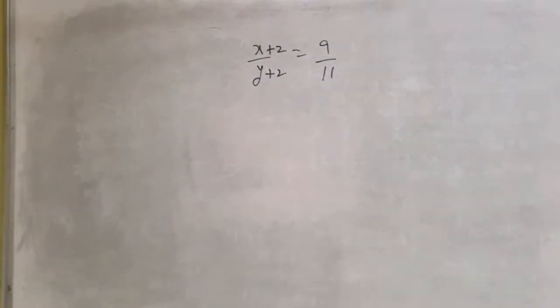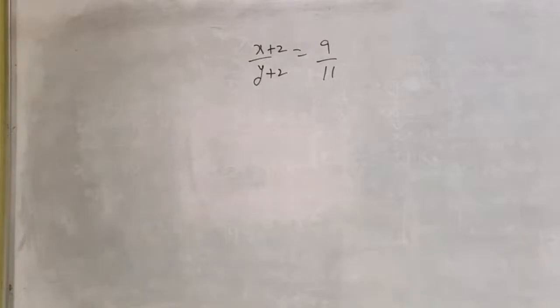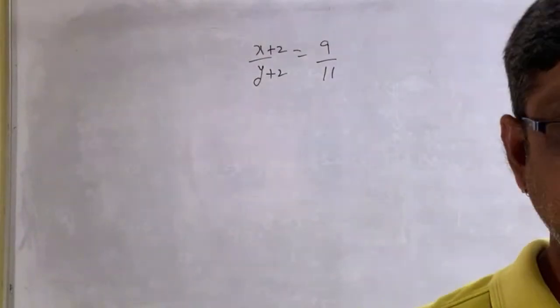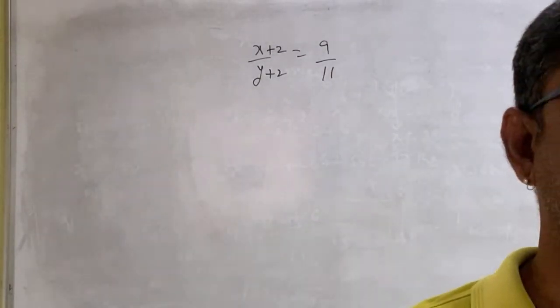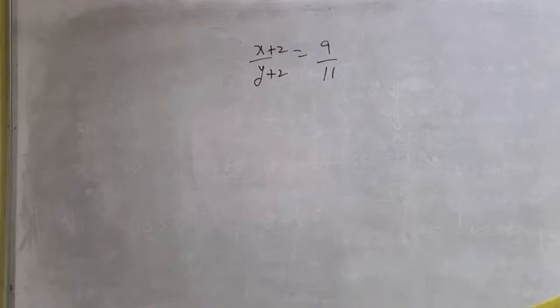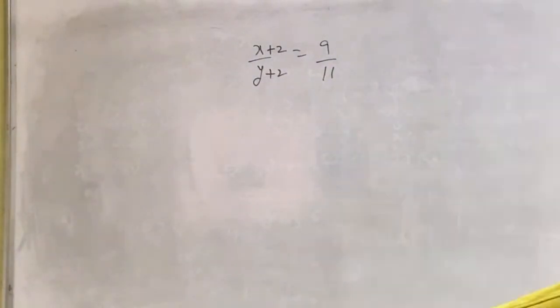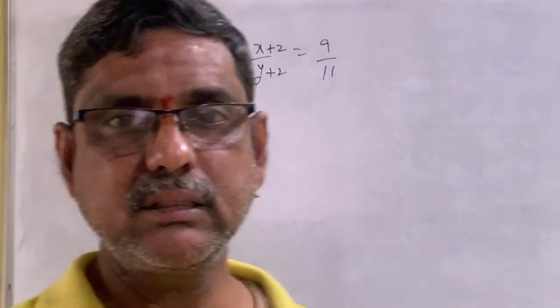Is that understood, children? Let the fraction be x by y. It becomes 9 by 11 when we add 2 to the numerator as well as to the denominator. Okay? Now the second statement.